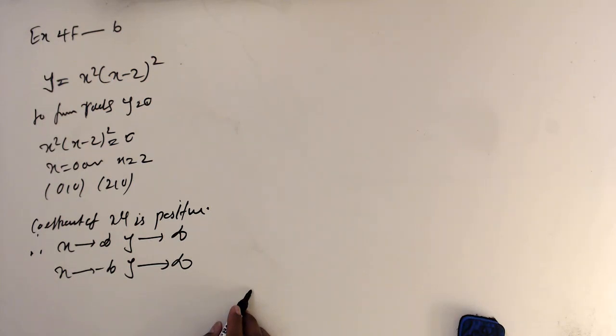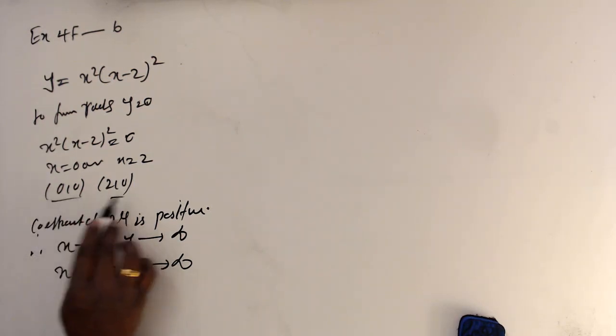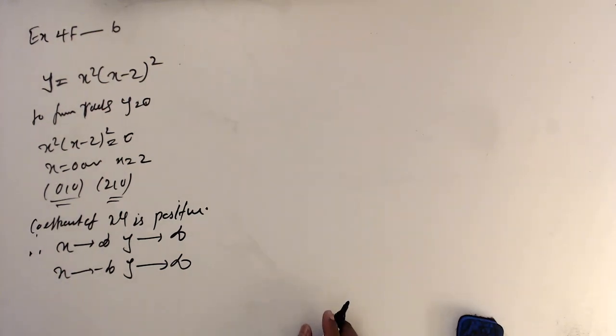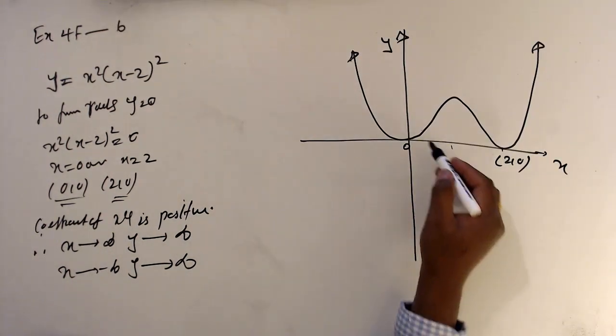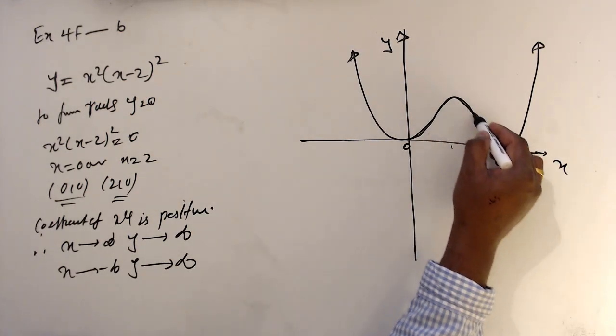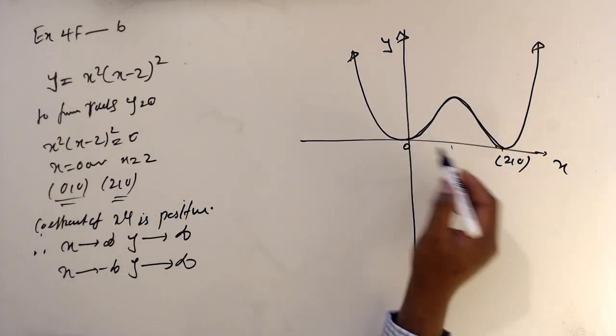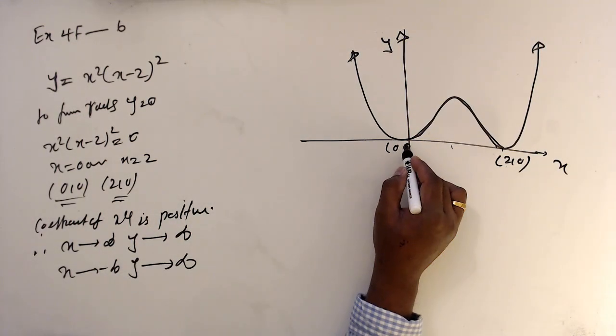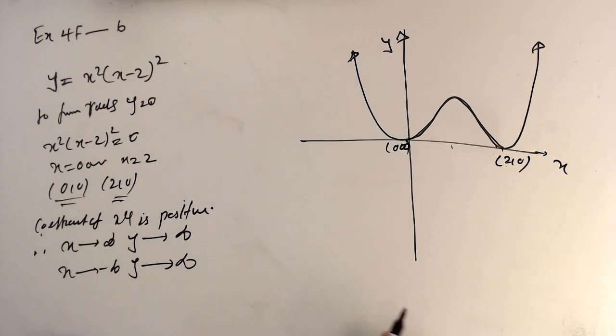And both are repeated roots. Let's draw the graph now. This is (2, 0) and this is (0, 0). So this is the graph.